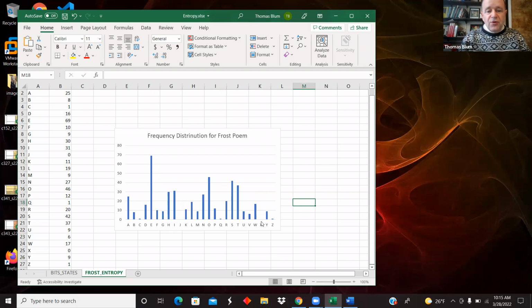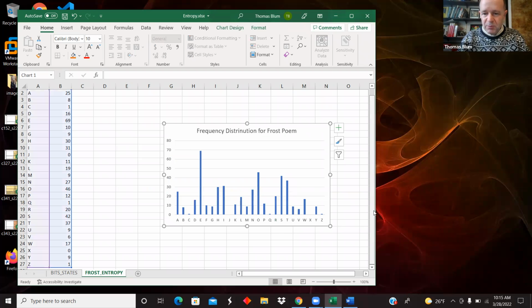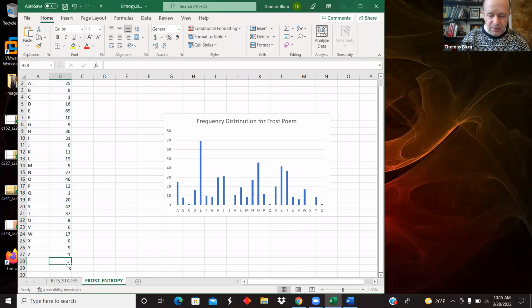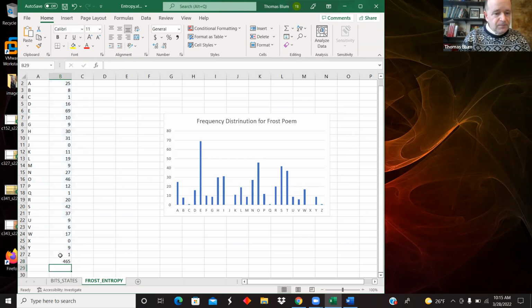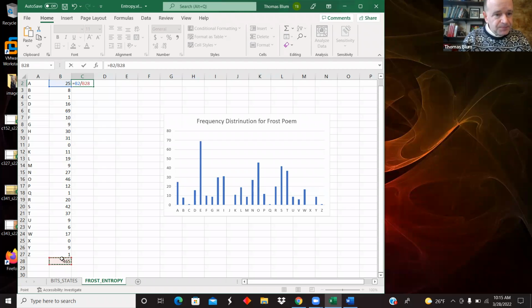Okay, so now we want to turn this from a frequency calculation into an entropy, and so we have to turn our frequencies into probabilities, which we will do by adding up the total number of letters, 465, and then dividing our frequencies by that 465.